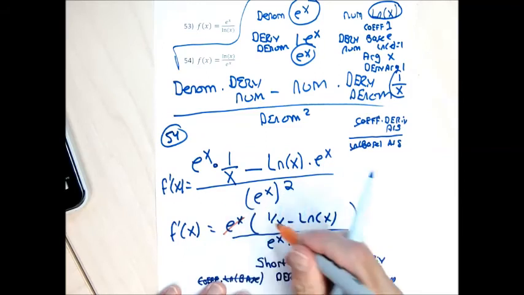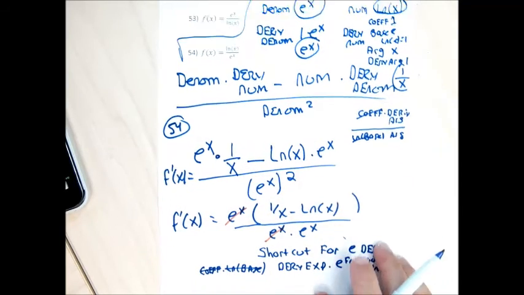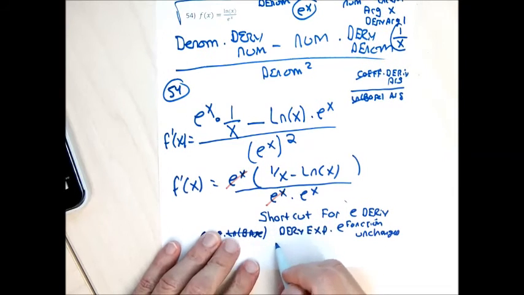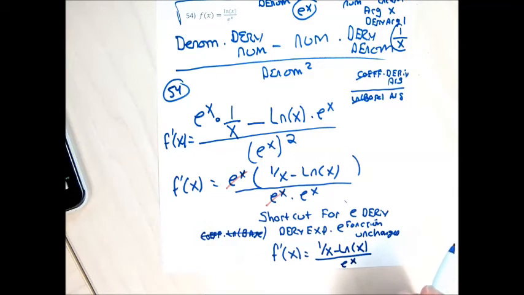And now I'm going to cancel and cancel. And I'm not going to go any further than this. I'm going to say my answer to problem 54: the numerator is going to be 1 over x minus the natural log of x and the denominator is going to be e to the x. There's definitely things I can do to write that better. Nothing like this comes on the test, so I'd probably just leave it there.